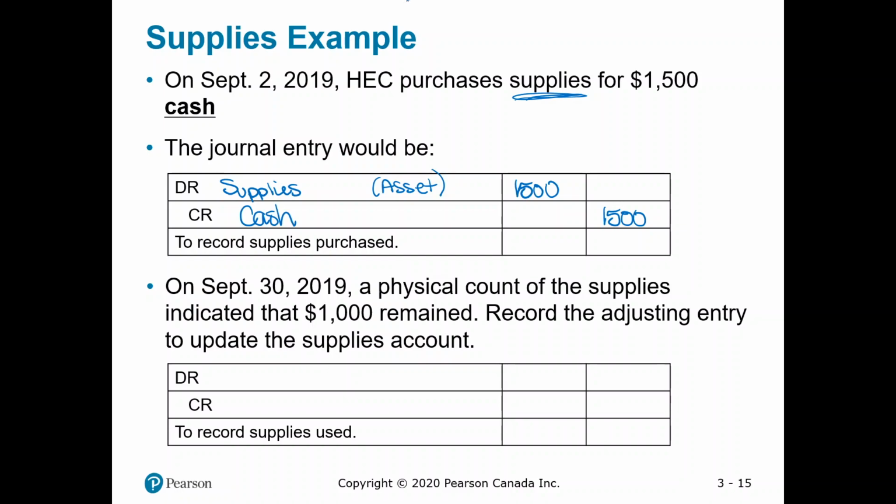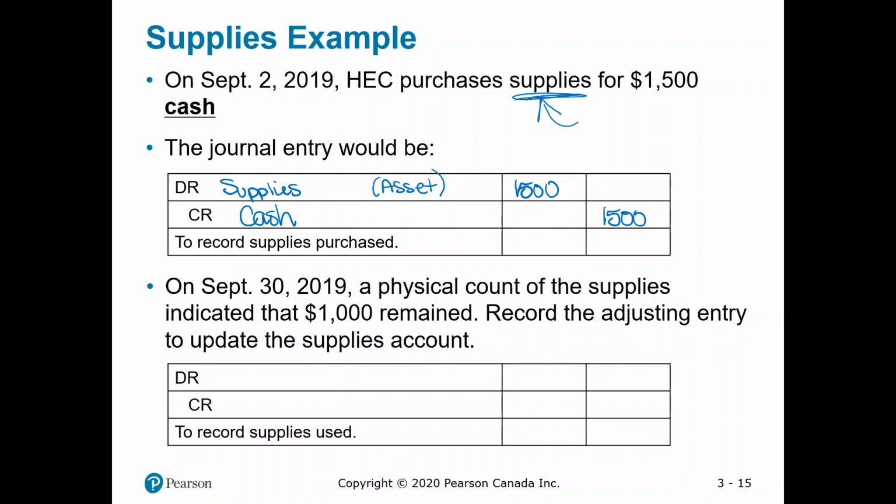Now, a business is not going to do a journal entry every single time that they use some of the supplies. So if this is some sort of business with an office and this is office supplies, every time an employee takes a pen or some paper gets filled in the printer, they're not going to record an entry for that. That's just way too much work.